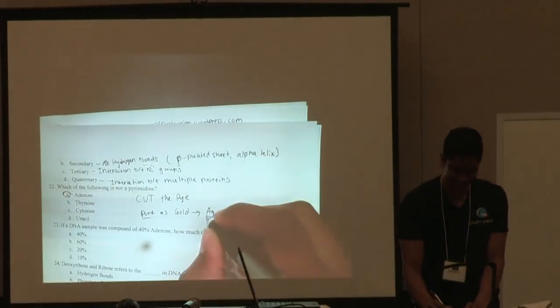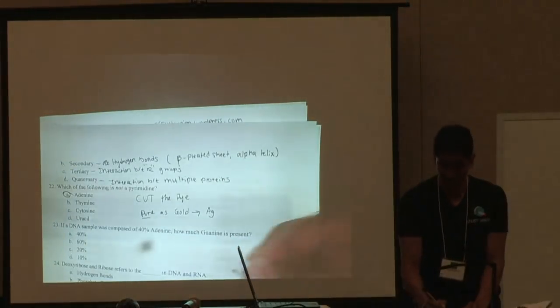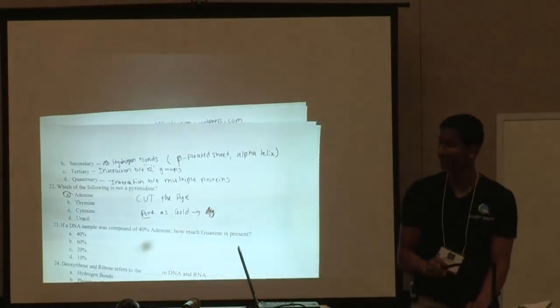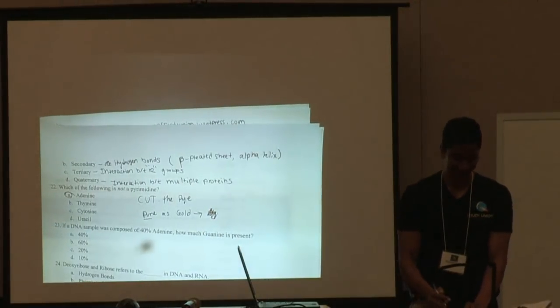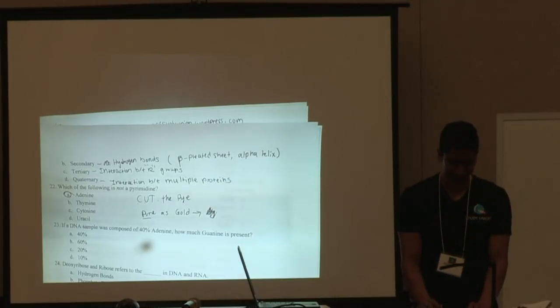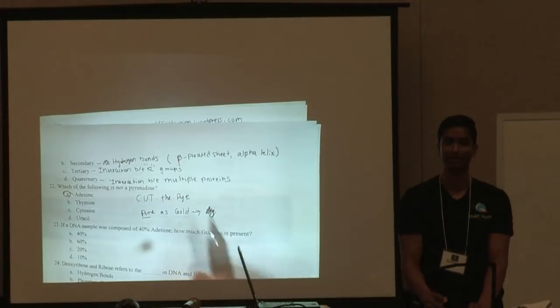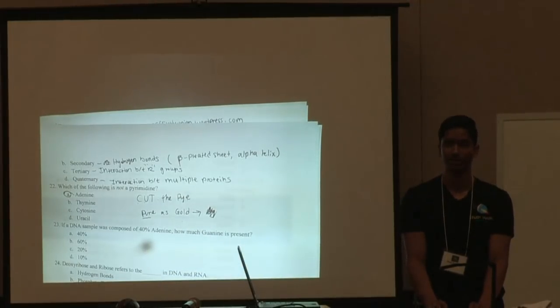Oh, man. There's another one. It's like all gods are pure. Okay. So forget that. Pure is silver then. Okay, so which one of these, pyrimidine or purine, is a double ring? Purine, right?